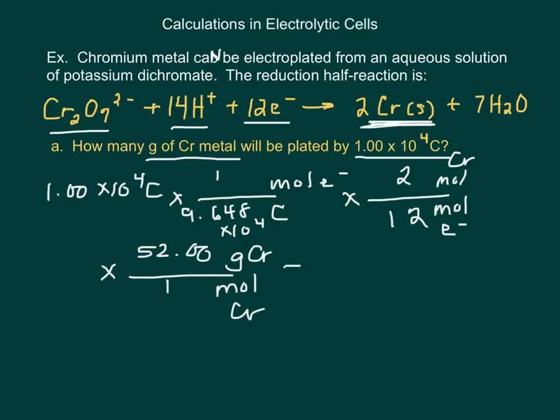And if you do all of that out, you get 0.898 grams of chromium. So if I use 1 times 10 to the fourth coulombs worth of charge, I can plate on 0.898 grams of chromium.